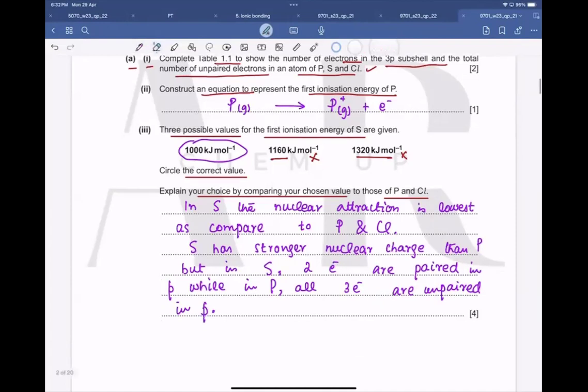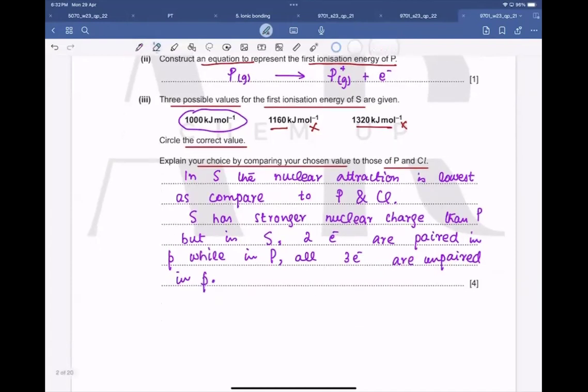And with chlorine, I can just state that chlorine has a stronger or greater nuclear charge than sulfur.